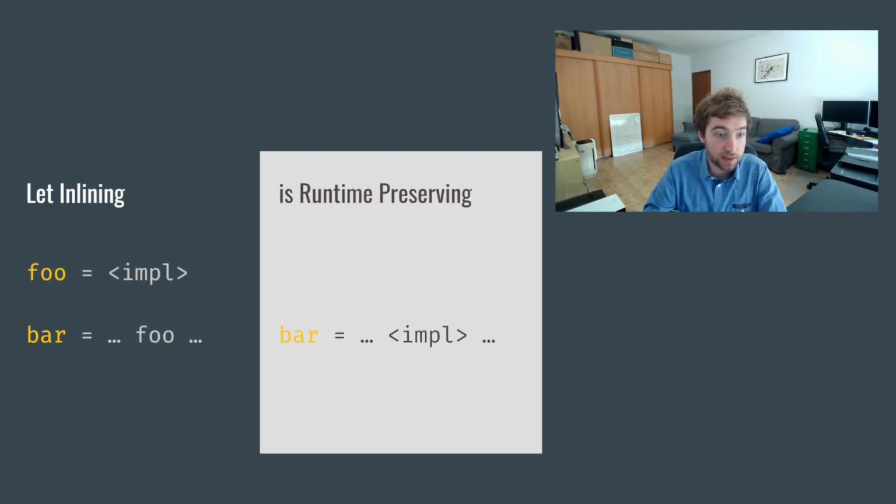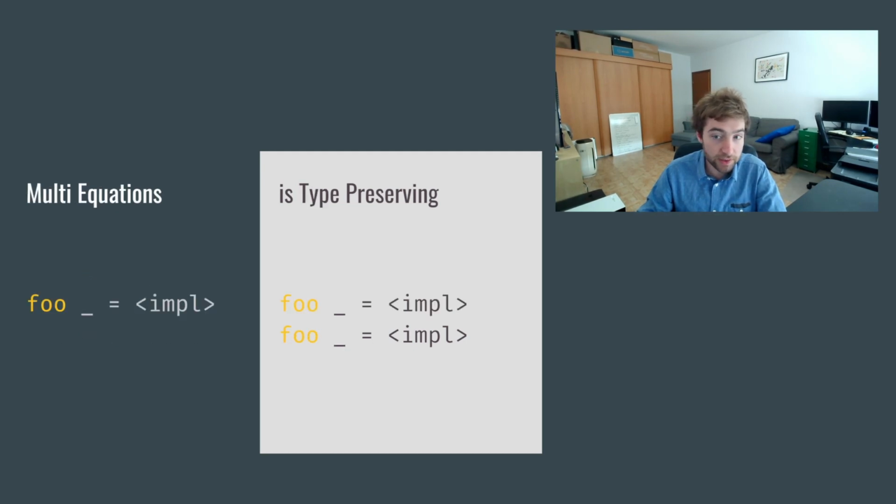Furthermore, let inlining and let extraction should not influence the runtime outcome of this function. So with that I mean that if we evaluate bar, then the outcome or the value should remain the same in both cases. Looking at another example, if we duplicate an equation in a function definition, while being a bit silly, this should never alter the type of this function.